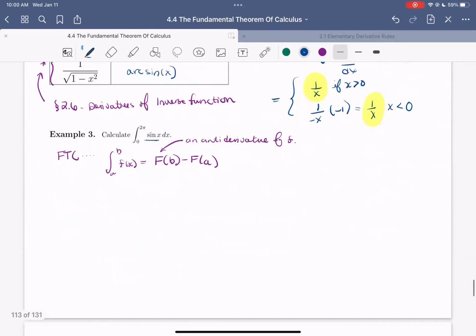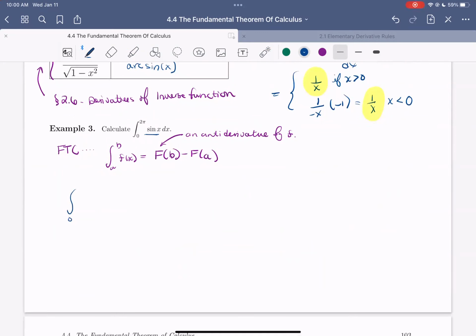So this means our integral from 0 to 2 pi of sine of x dx is equal to negative cosine, let me put in that x here, negative cosine of x evaluated at 0 and 2 pi. So here is some notation that I'm using that you might not have seen before.